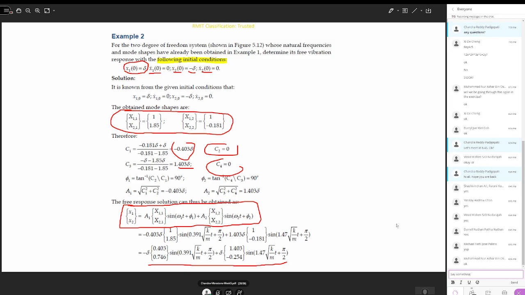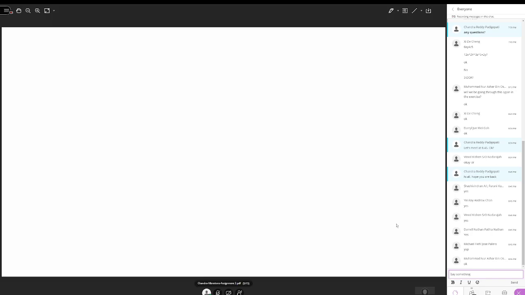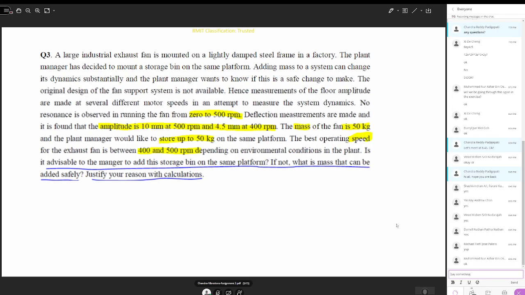So in the last session, we have attempted the first two questions. No, I think we stopped in the midst of this problem. All right, guys, could you work on this problem or shall I go through?